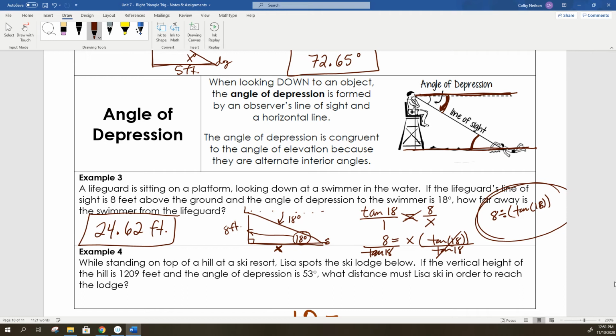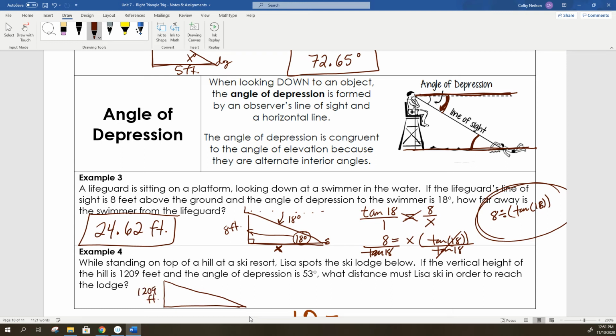Okay, example 4. While standing on the top of a hill at a ski resort, Lisa spots the ski lodge below. So I'm assuming you're up on the top of a hill, probably something like this. This is probably the ski lodge down here at the bottom. The vertical height of the hill is 1,209 feet.